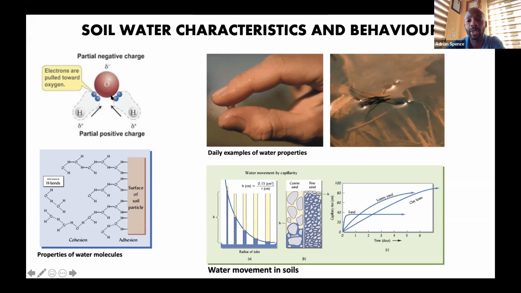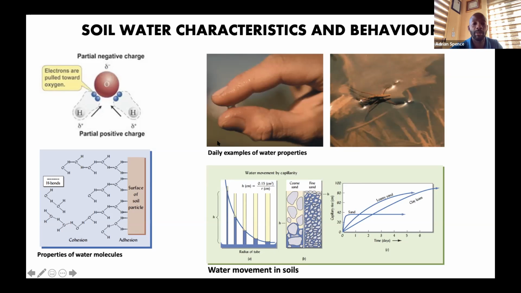Water molecules are also capable of forming what you call hydrogen bonds. So these are weak bonds between your hydrogen atom and your oxygen atom of two different molecules. Now, this sort of bonding creates what you call cohesion, right? Which is what is being exemplified here.